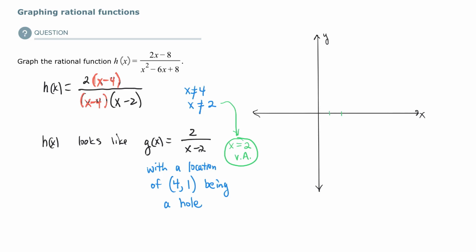1, 2. And let's draw. And we need some ordered pairs. So why don't we get some ordered pairs for g? Let's do x and g of x.